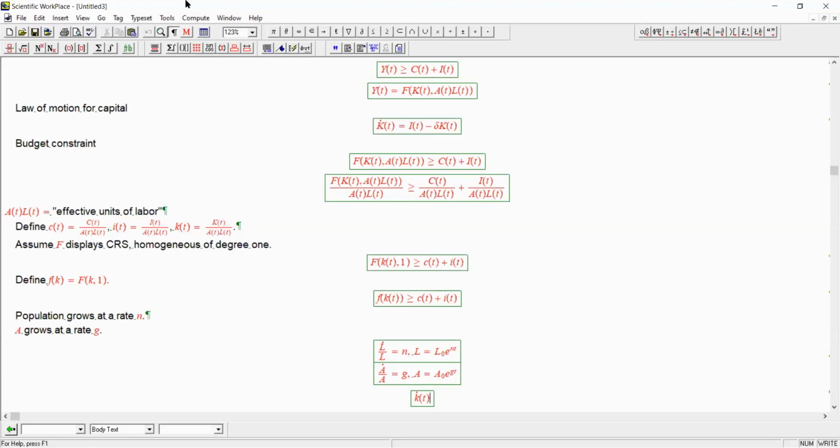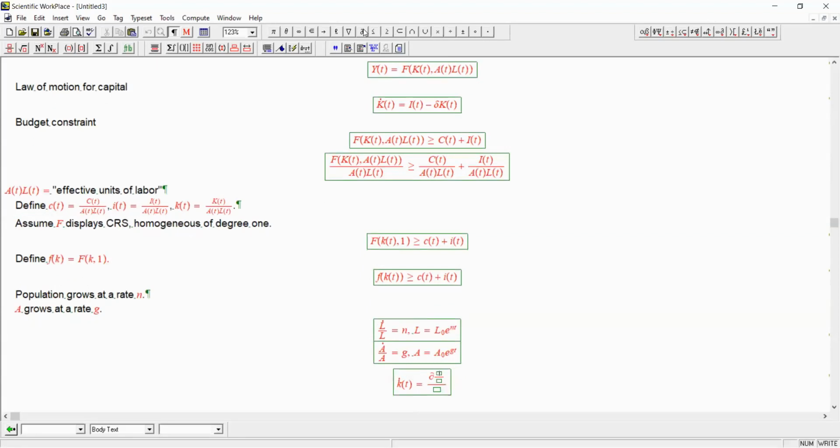How are we going to do that? Now observe that k dot is just the derivative of K over AL with respect to time. That's by definition. So let's just compute that using the quotient rule.